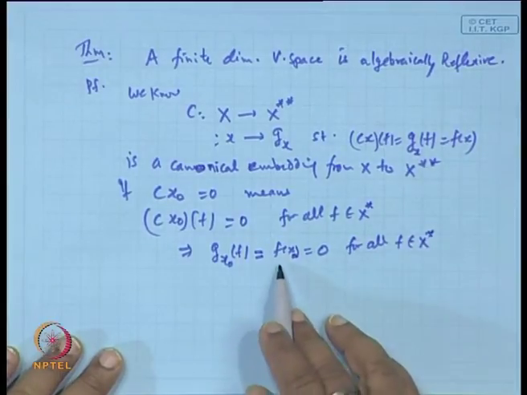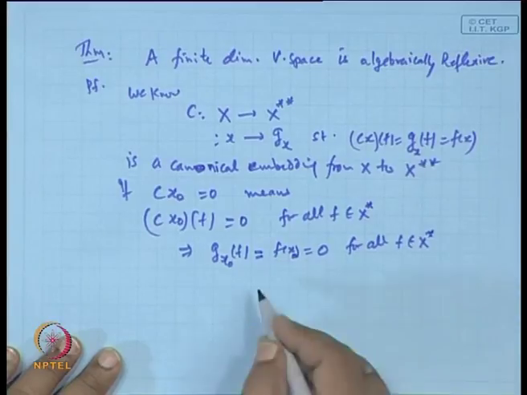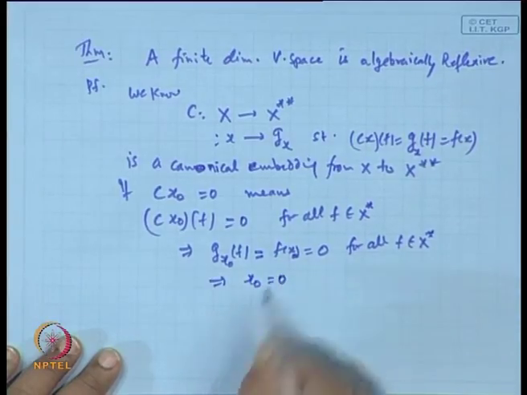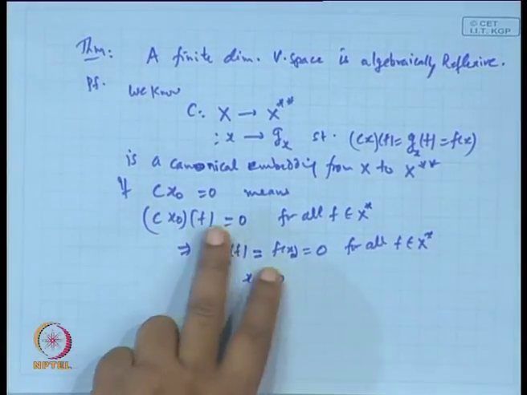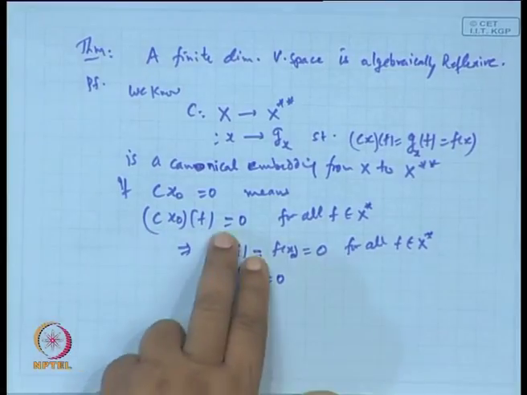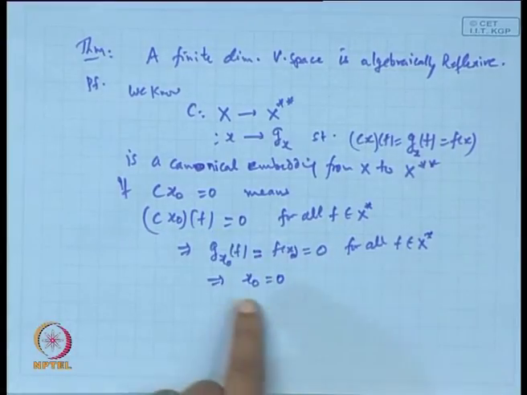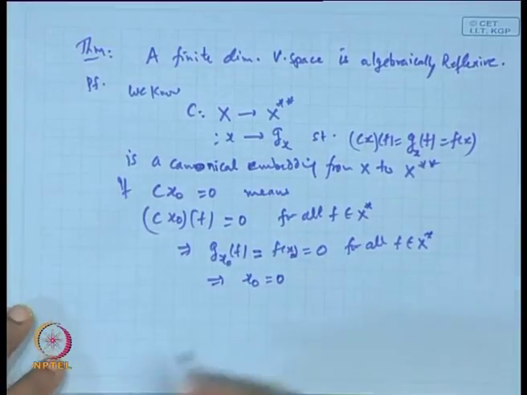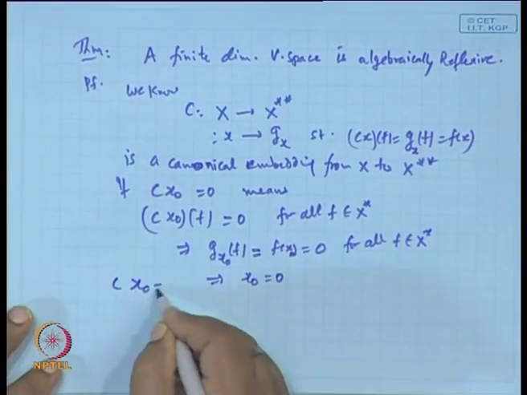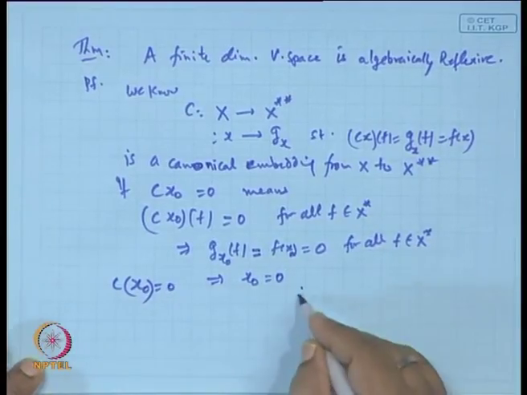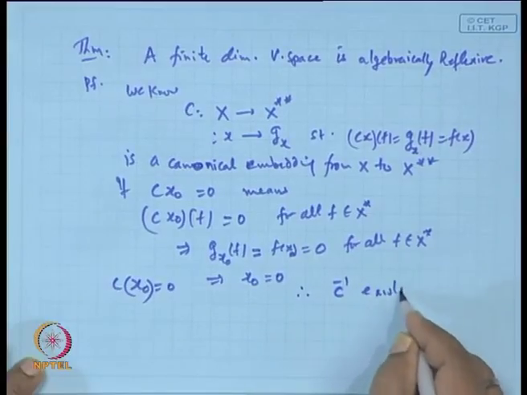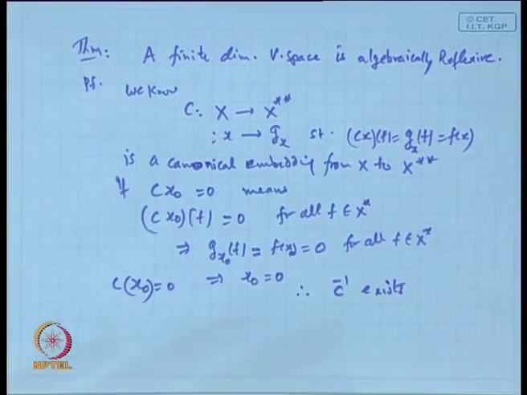But we have seen that f of x naught is 0 for all f implies x naught must be 0. So C x naught equal to 0 implies x naught is 0. Therefore, C inverse exists.